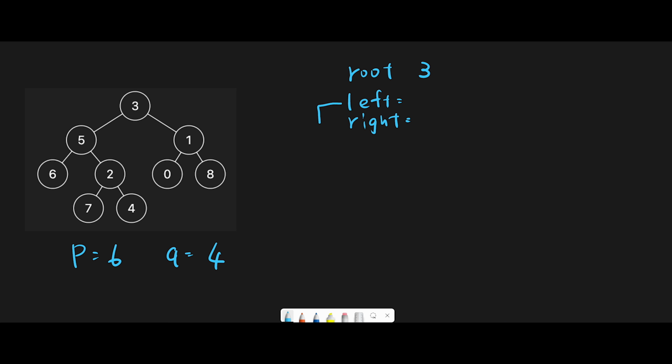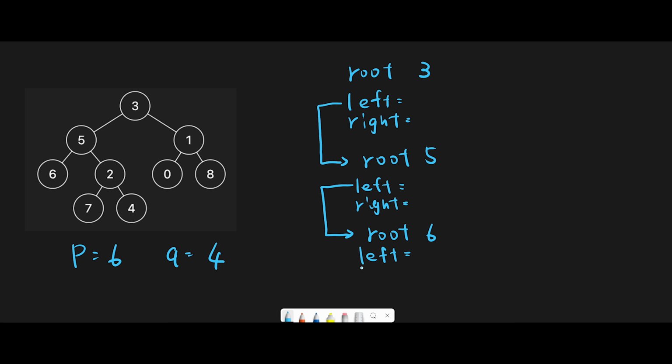So now root is 5, and we have two choices, left and right. And then we have a left node from node 5, right? So that's why we move left. And now root is 6, and left and right.